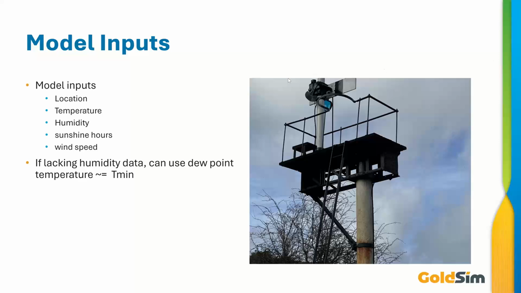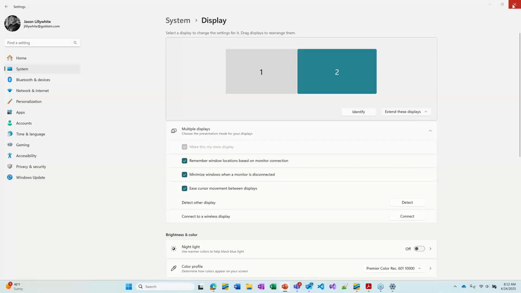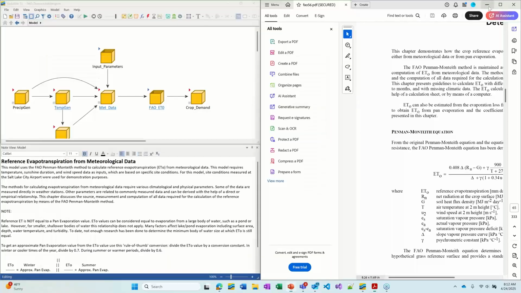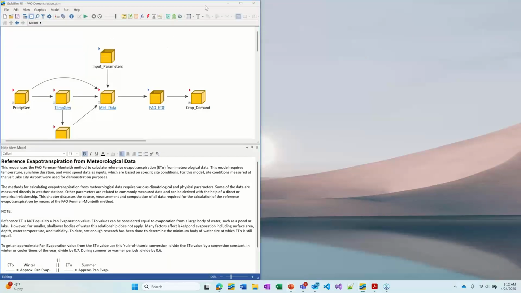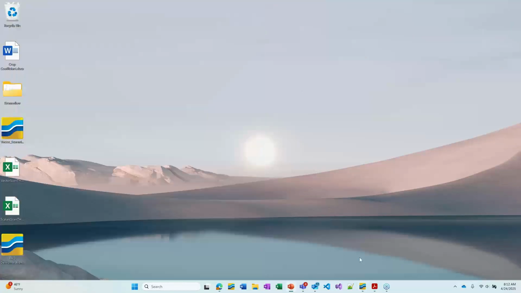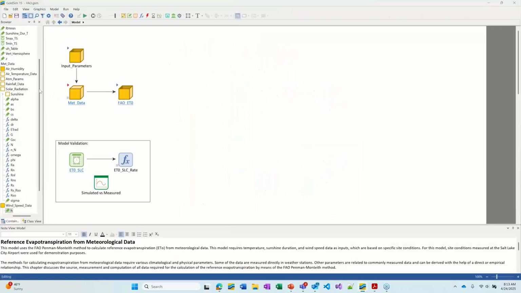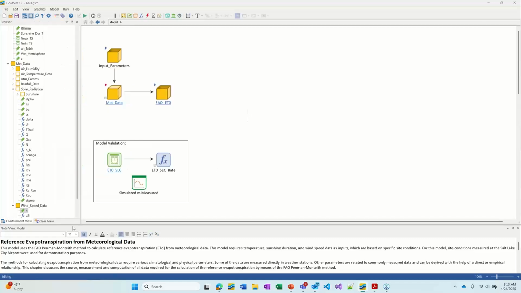So I'm going to close this, and okay. So what I'm going to do is start first with the basics. This is a model that I will be updating on our website. It's currently on our website.